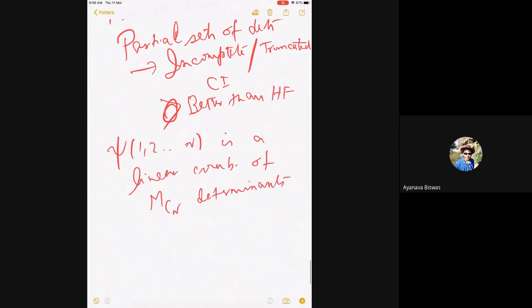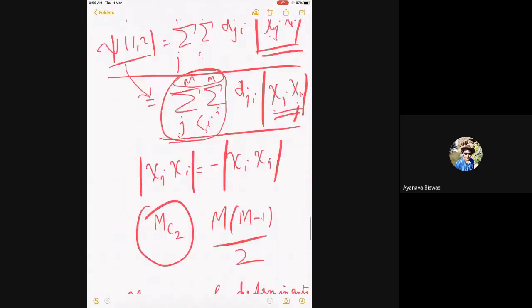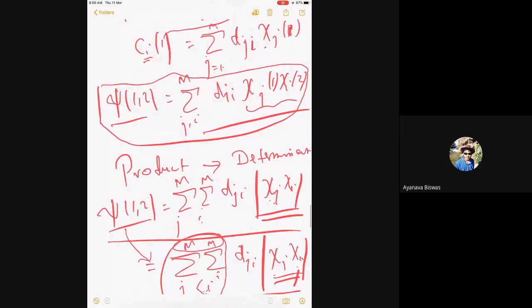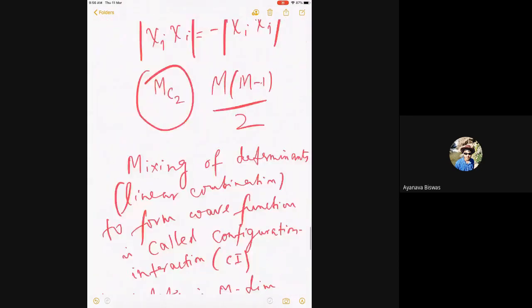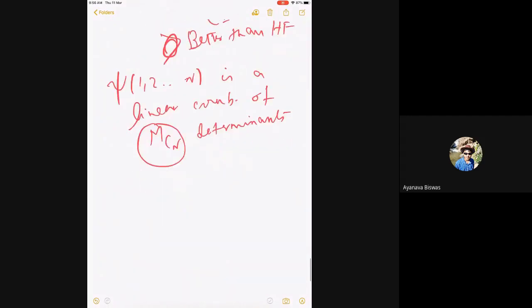Is it clear? Because it's n electrons, instead of MC2, it will become MCN. How many ways can you form n electron determinants out of M bases? That is a combination problem in mathematics, picking n out of m. So that's your MCN. Is it clear? And we will see how to categorize the determinants.